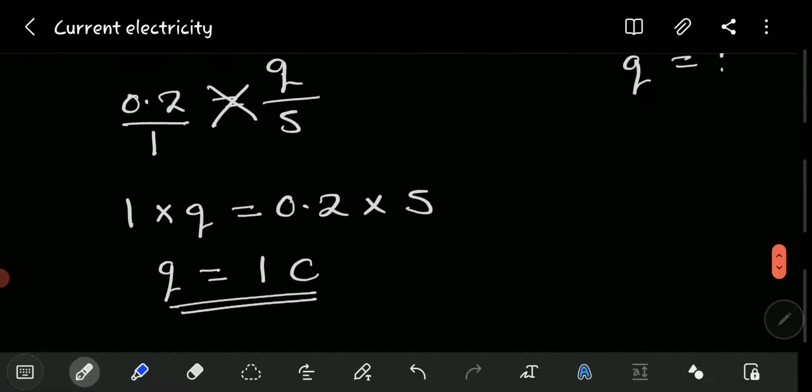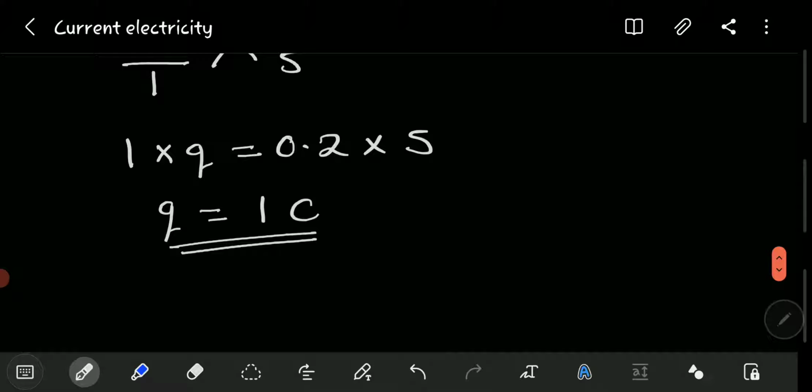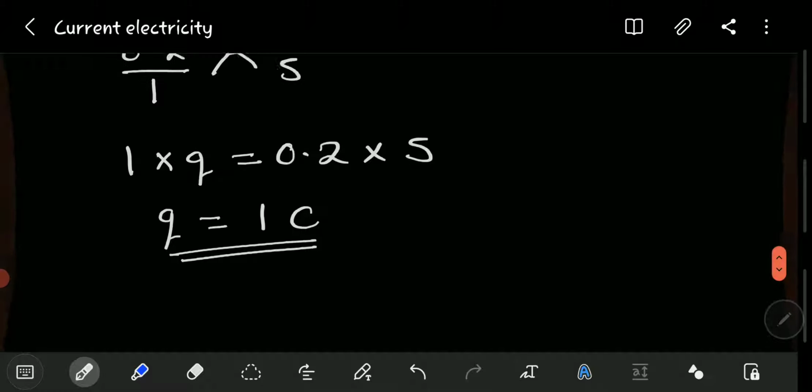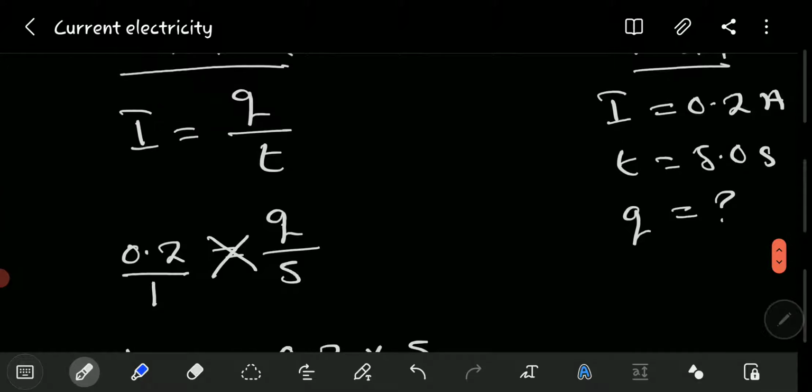Sometimes they may ask time given charge and current. So they may ask how long did it take this amount of charge to flow through a circuit if the current was this. So we just need to know how to manipulate and work with this formula.